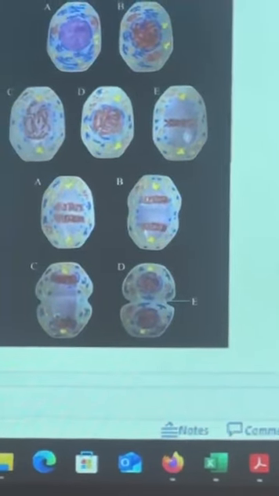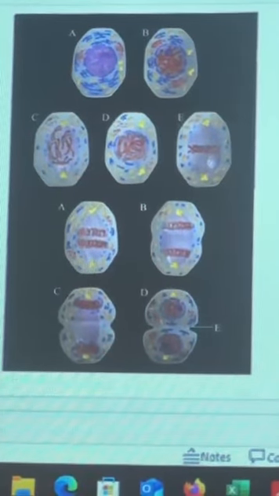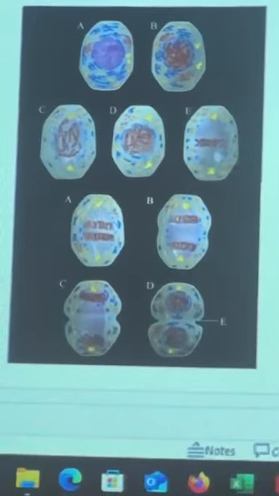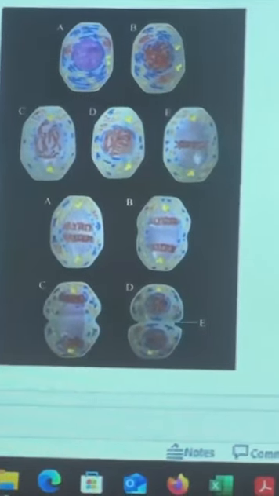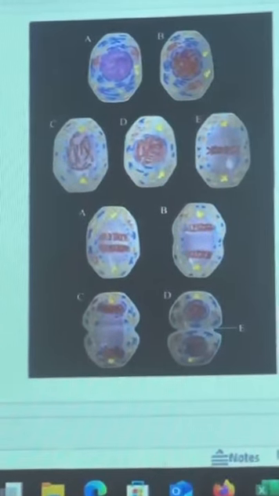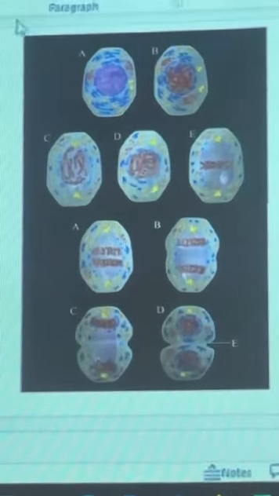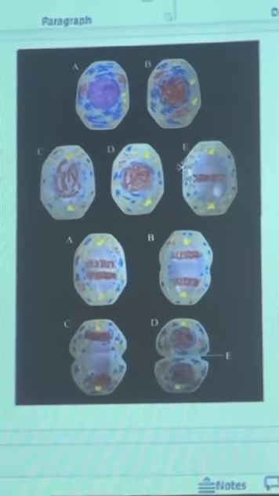We're going to be taking the images that we see here of the model of mitosis, and they're going to be placed out of sequence. Your responsibility will be to put a letter answer that indicates the correct sequence.